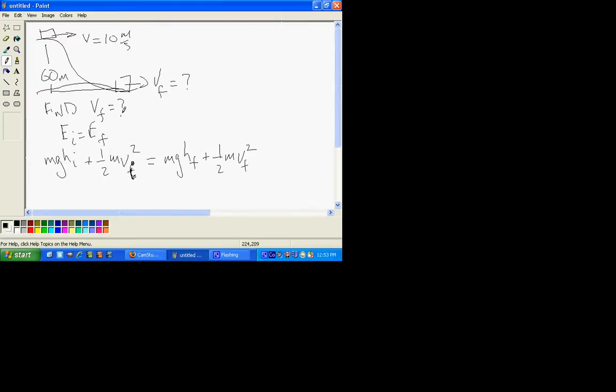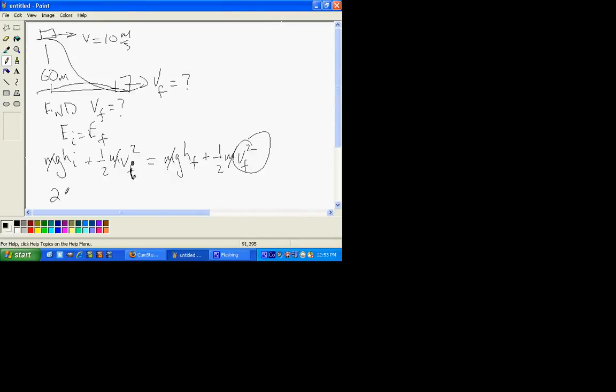If you've noticed though, in this problem I have not provided the mass. It doesn't really matter, because whatever the mass is, all these masses are going to cancel out. So in fact you don't need it. We are looking for the final velocity, so we can simply multiply everything by 2 to get rid of this 2 on the bottom.